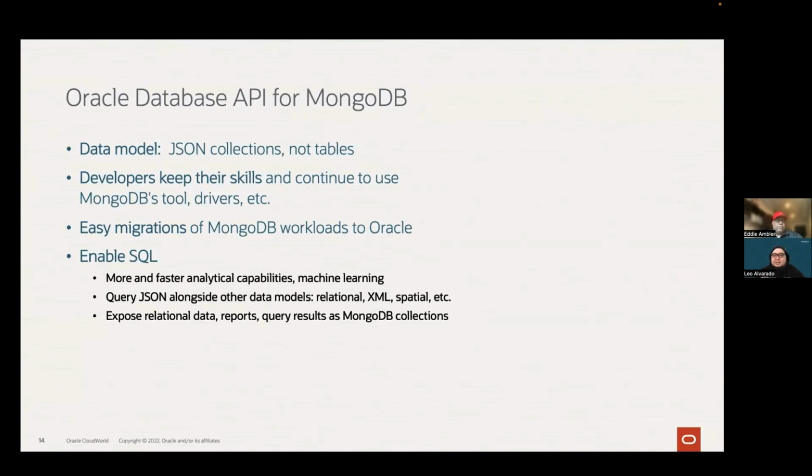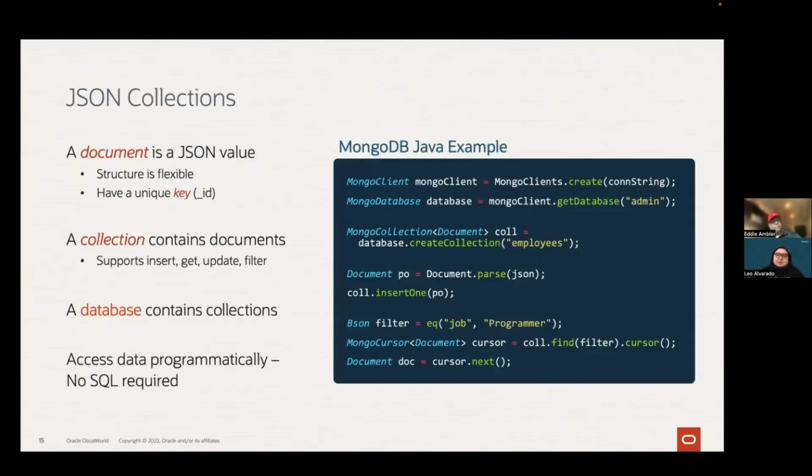So in the next section, I'll be covering what exactly a JSON collection is, and how it fits to the relational model.